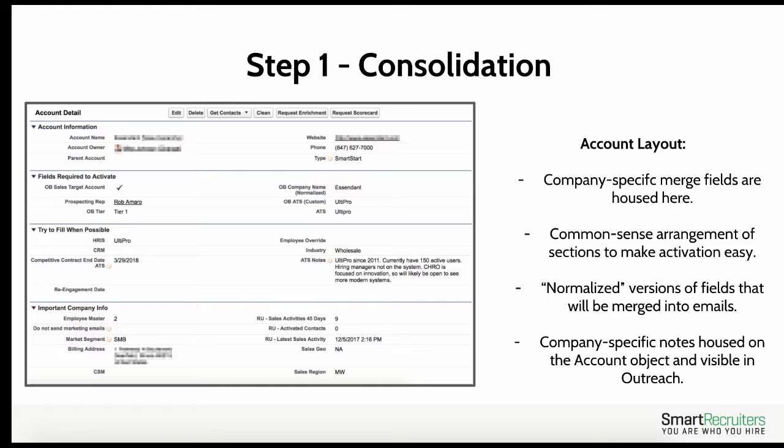Next, normalized. You'll see normalized a few times in the account and contact layout. What this means is we literally retype an existing value in plain English. And the last thing you want is, if you're reaching out to me, for your email to say, hey, Taft, I was researching smart recruiters, LLC, period, and blah, blah, blah.